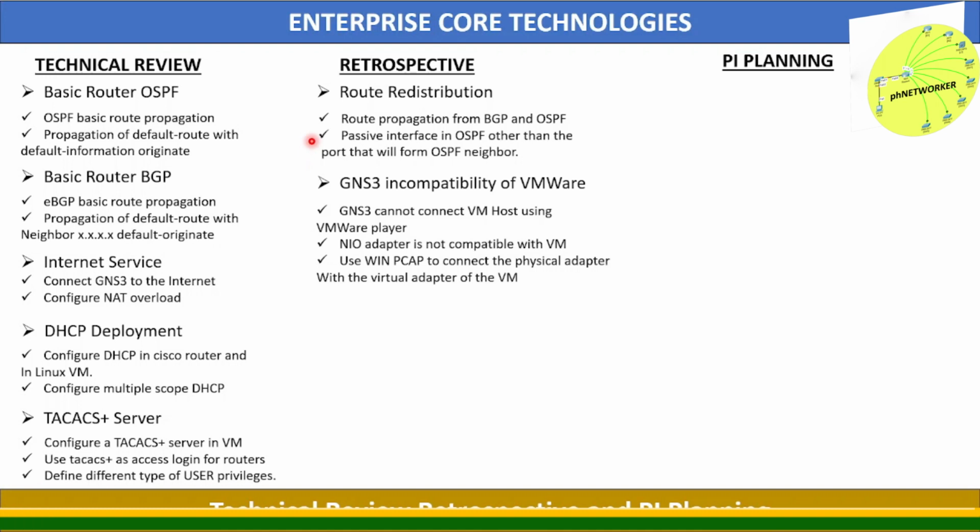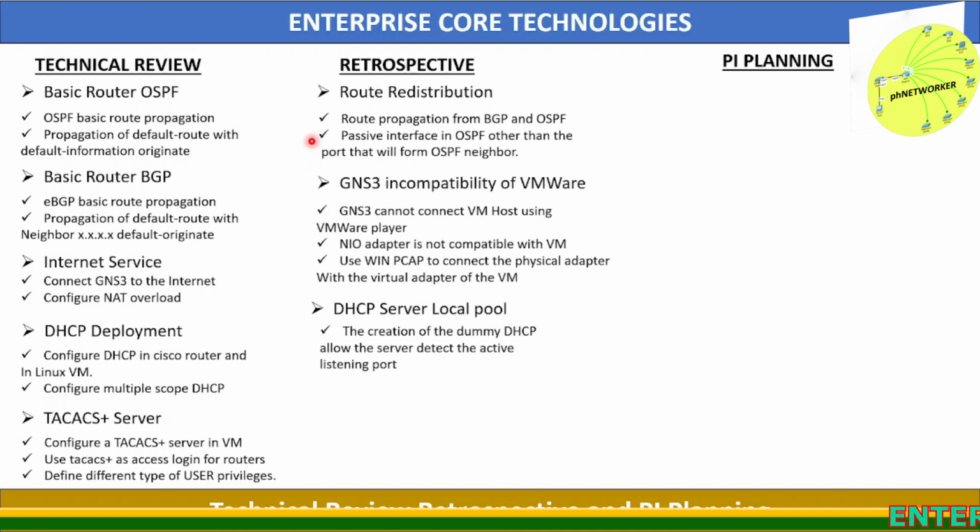And then on the DHCP local pools, we created a dummy DHCP on the local. This is to allow the server to detect the active listening port, which is the enp0s3 port.